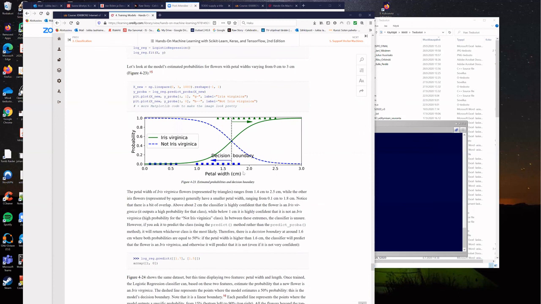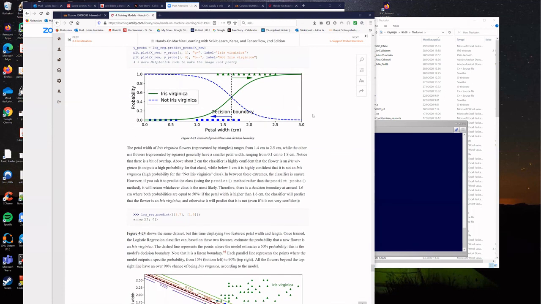And in the middle, we are not sure. It can be either iris virginica or not. The squares are for the other flowers, and the green triangles are for the iris virginica.